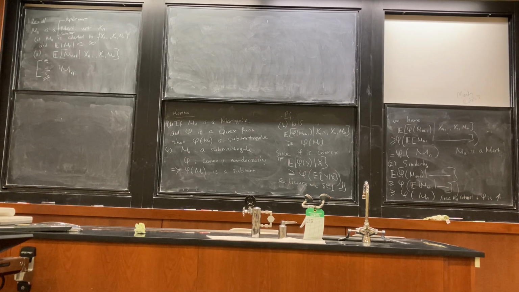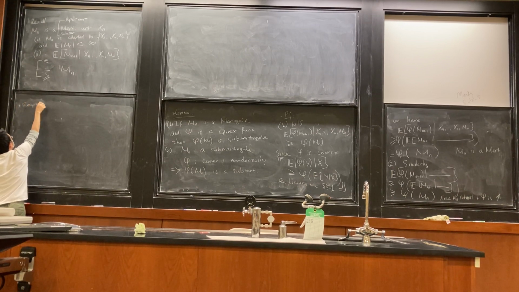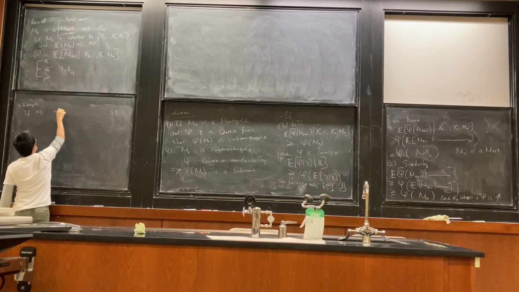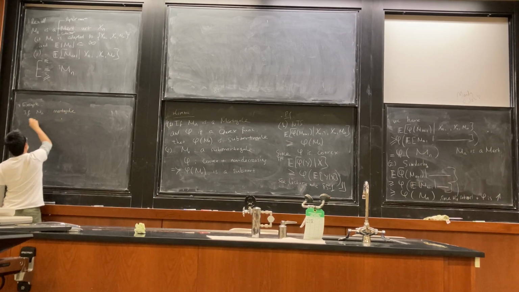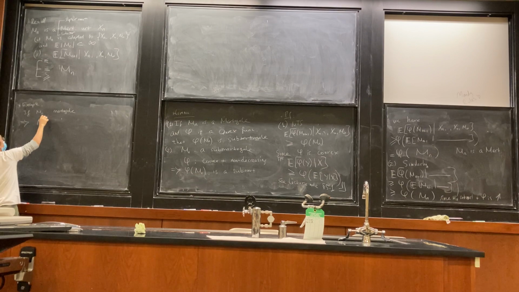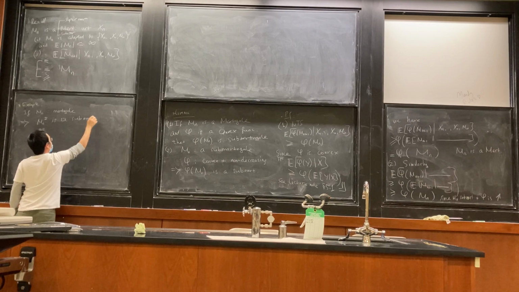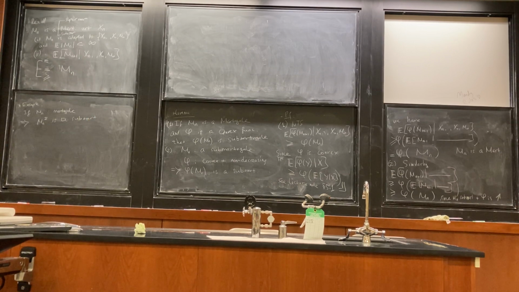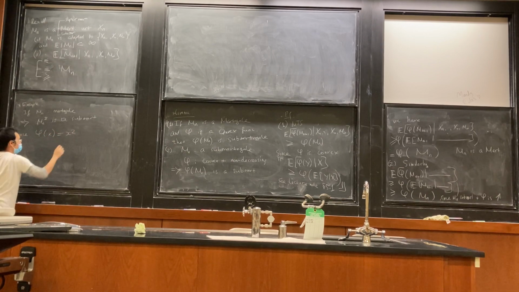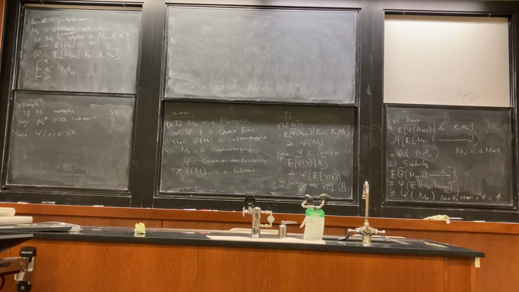Now, an example. Suppose Mn is a martingale, then Mn squared is a submartingale. This is clear because the function that I'm looking at is phi of x equals x squared. That function is convex.